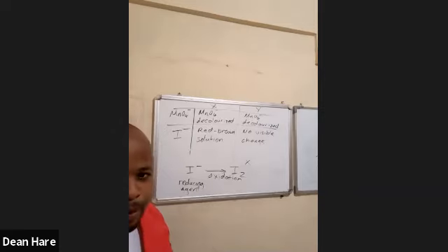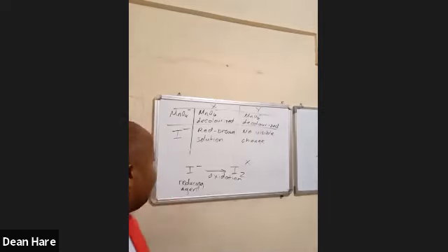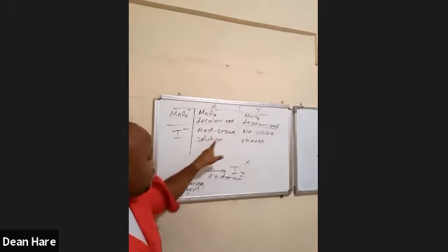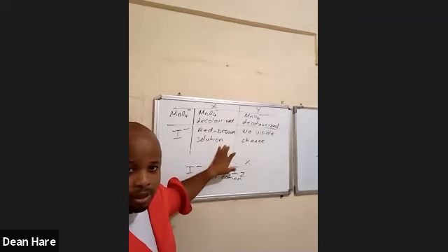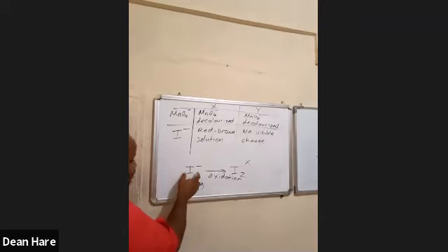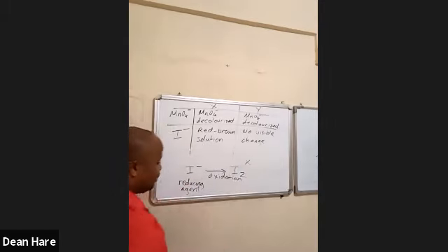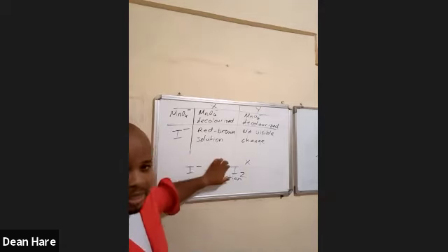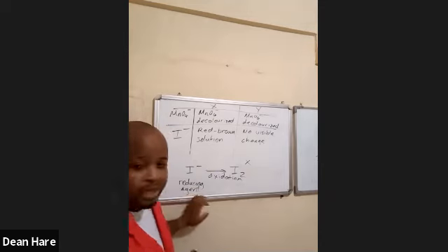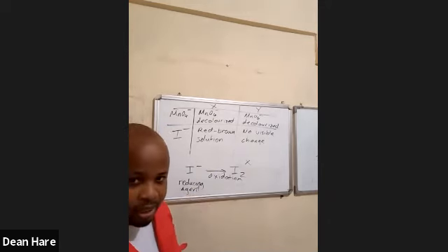Now, when you come to I minus, you haven't been familiar with I minus like how we know about KMnO4 being an oxidizing agent. But if you look at the observation, it says a red-brown solution was produced. The only way you would get the red-brown solution is if I minus was oxidized to I2. And if it was oxidized, that means I minus is a reducing agent, because reducing agents are always oxidized.